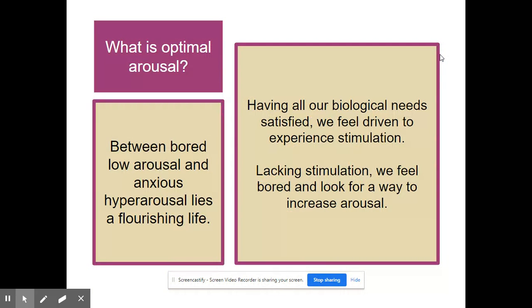So as we look at the optimal arousal, this is again thrill seekers, intense music associated with people who are into that thrill seeking. They listen to intense music, they eat novel foods, they get into risky behaviors. The reason is when we're lacking stimulation, we become bored and we look for arousing activities.